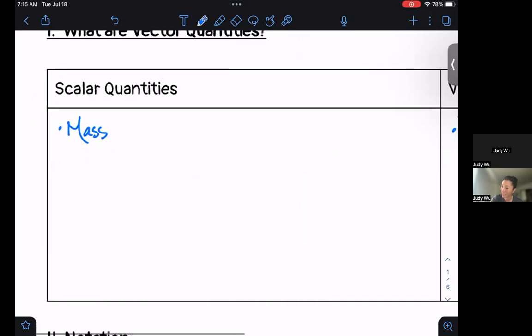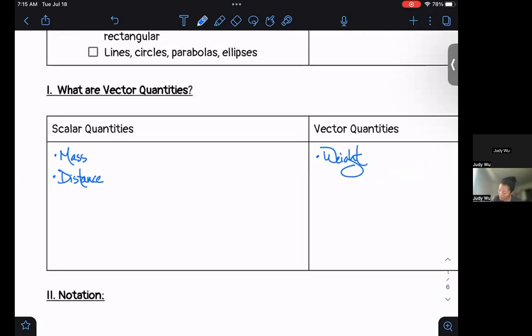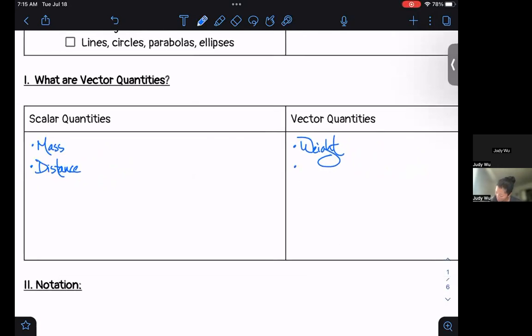Another common scalar quantity is distance, right? And so we often think about things like, how far did we travel? For example, if you fly up to the Bay Area, that might be 500-ish miles, the distance, but the corresponding vector quantity is displacement.